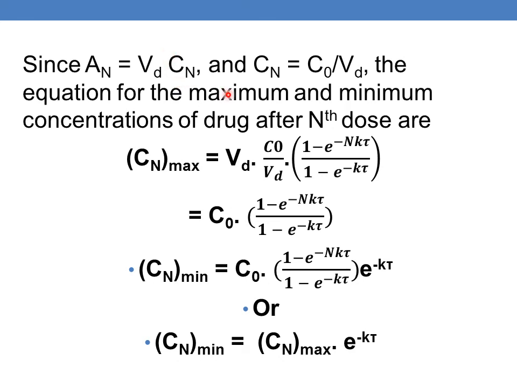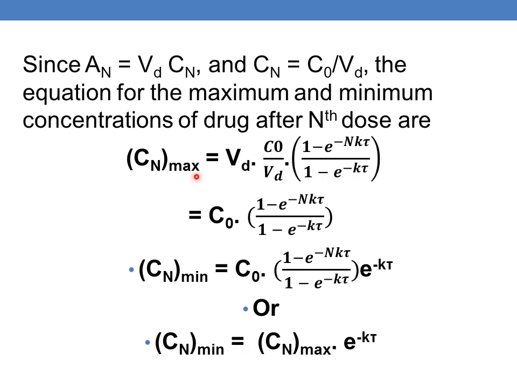The equations for maximum and minimum concentrations of the drug are very important. The equation for maximum concentration after the nth dose is Cn max equals Vd into C0 by Vd into 1 minus e to the power of minus nk tau by 1 minus e to the power of minus k tau.